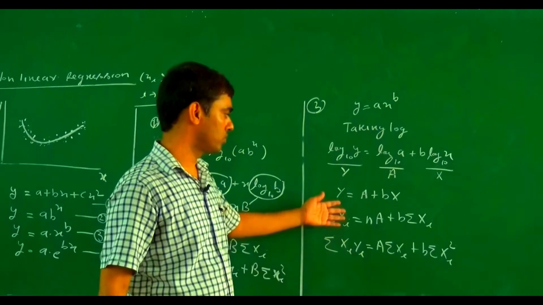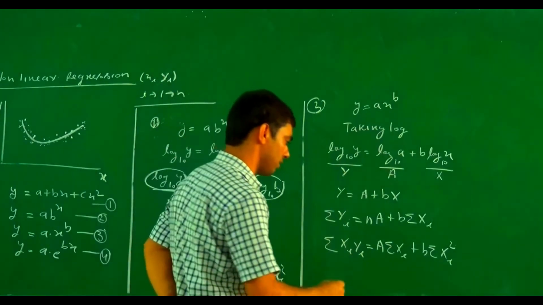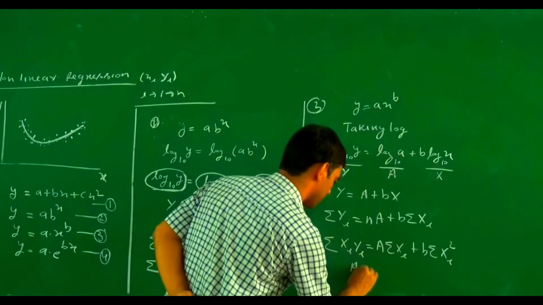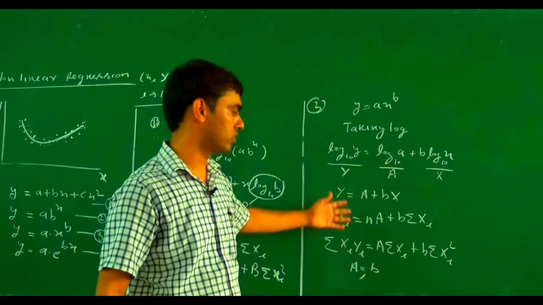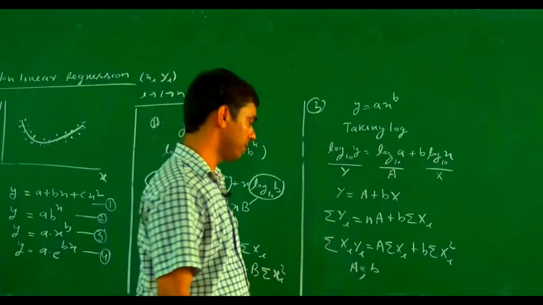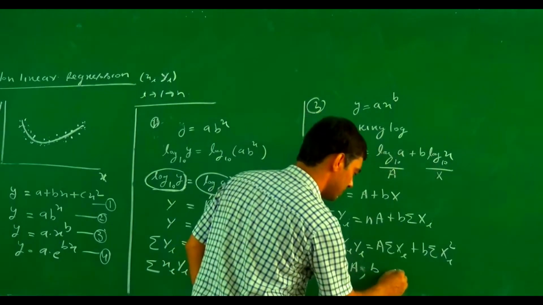So after solving this, we find the value for capital A and the value for small b.